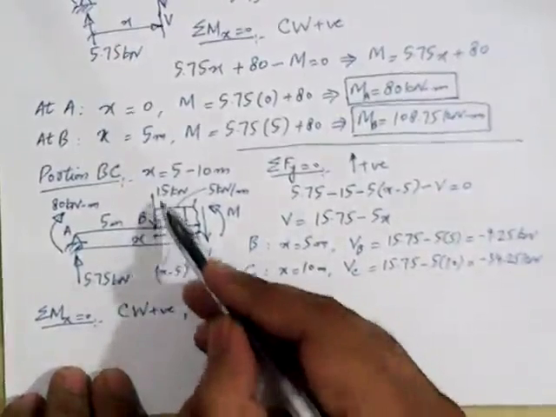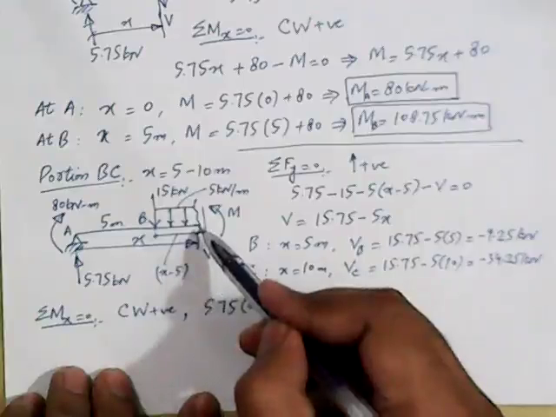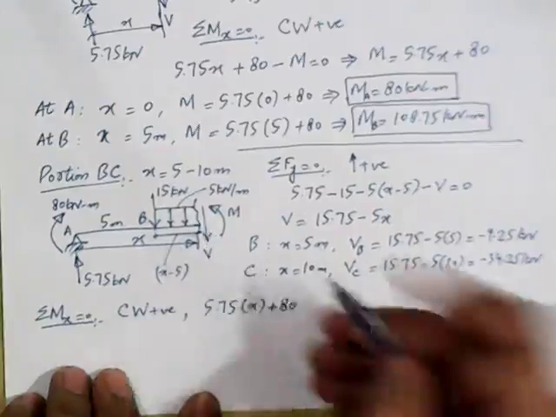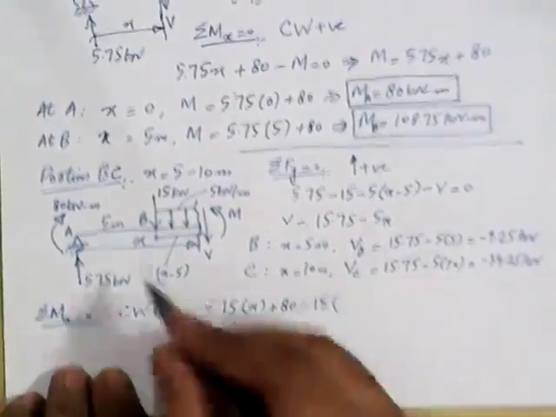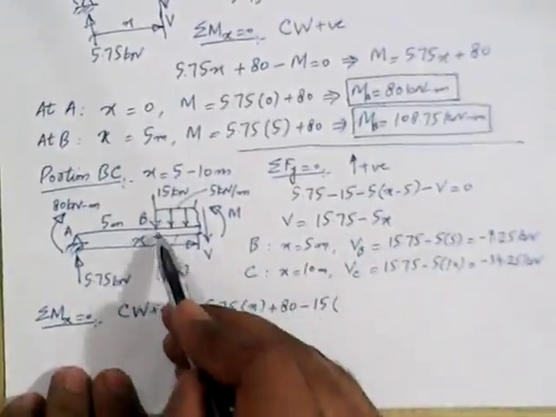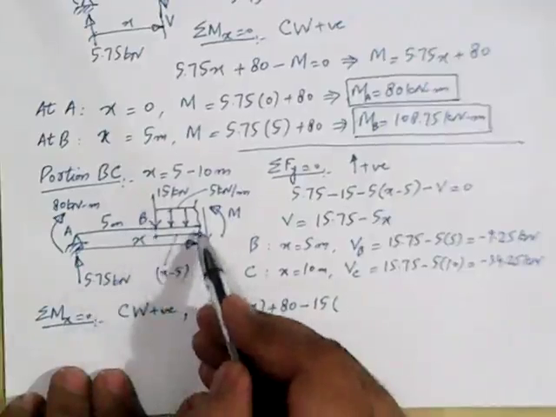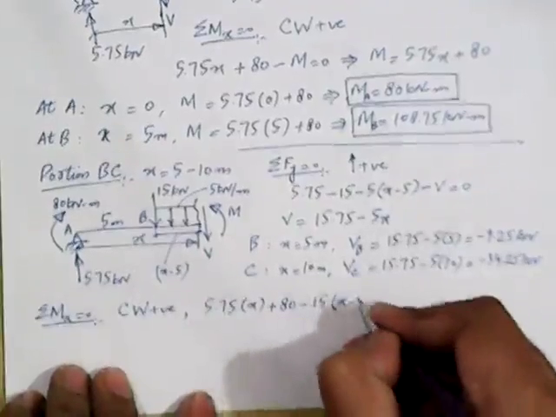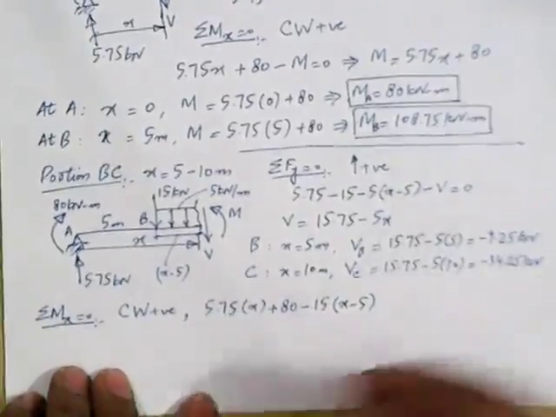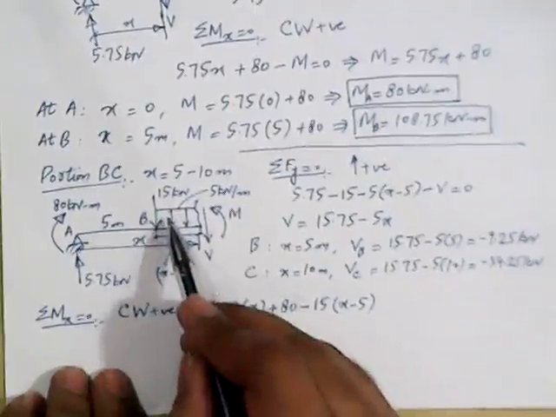Then what else? 15 kilonewton force is producing counterclockwise moment about the section, so it will be taken as negative 15. And how much is the lever arm for this 15? The perpendicular distance between this force and section is x minus 5. So into x minus 5. And then this UDL, how much is the intensity of UDL?